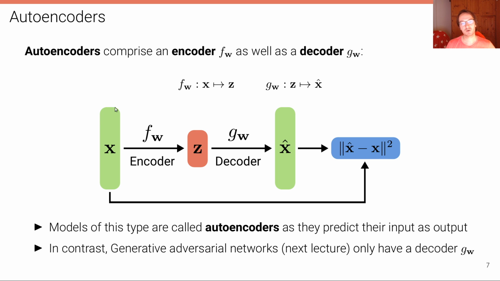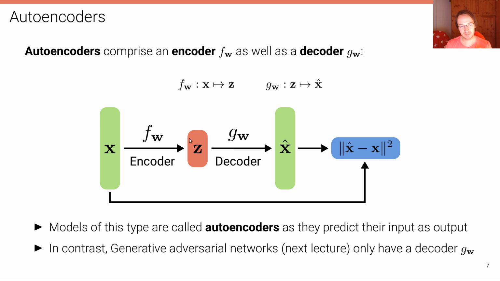And they are called autoencoders because they predict their input as the output. So this is a very simple diagram of how this model works. We take an input vector X, then we pass this as input to a neural network FW that produces a latent code. This is a deterministic mapping in the case of an autoencoder. It's not a probabilistic mapping, as it would be for a variational autoencoder.